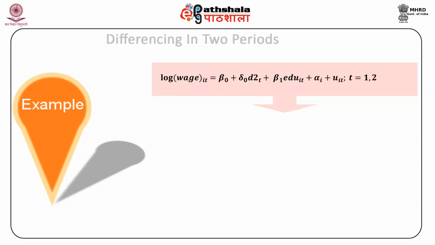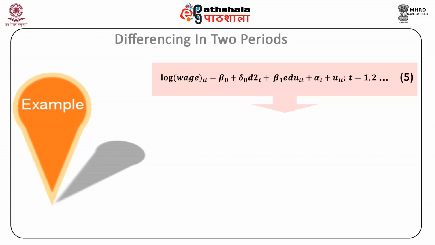This is our equation 5, where alpha i stands for unobserved ability, which is probably correlated with the independent variable edu_it. We allow different intercepts across time to account for aggregate productivity gains, and precisely inflation if wage_it is in nominal terms.